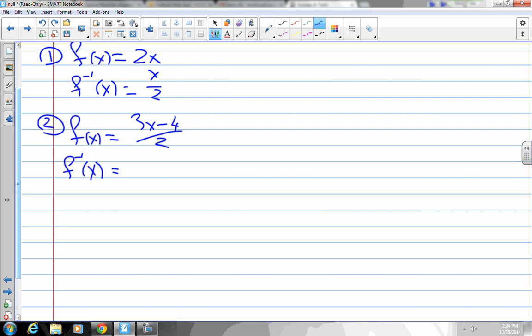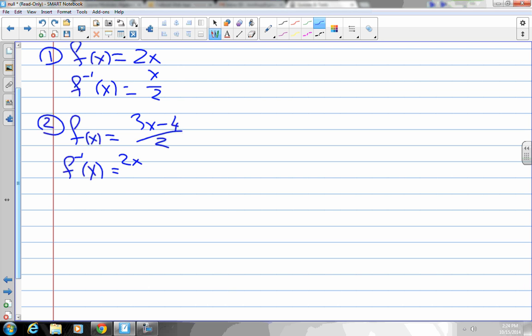No. But you kind of started it correctly. Well, what is the last thing this function is doing? The last operation? Divide by 2, right? You plug in a number, you multiply by 3, then subtract 4, then divide by 2. So what is the first thing the inverse is going to do? Multiply by 2, so 2x, right?